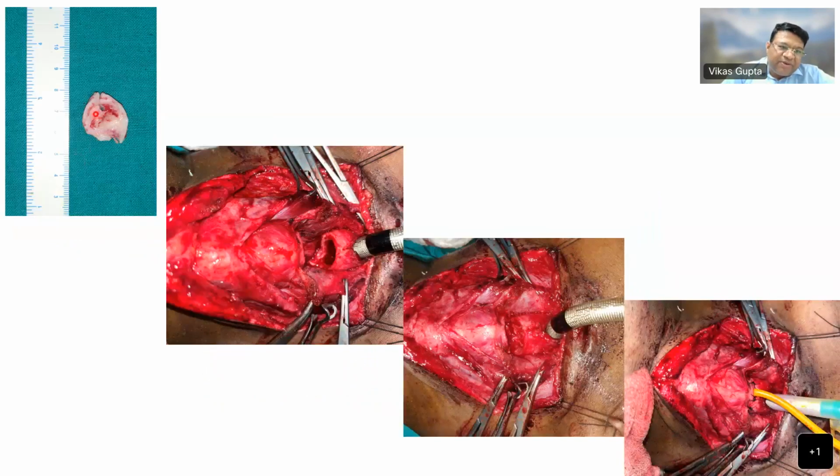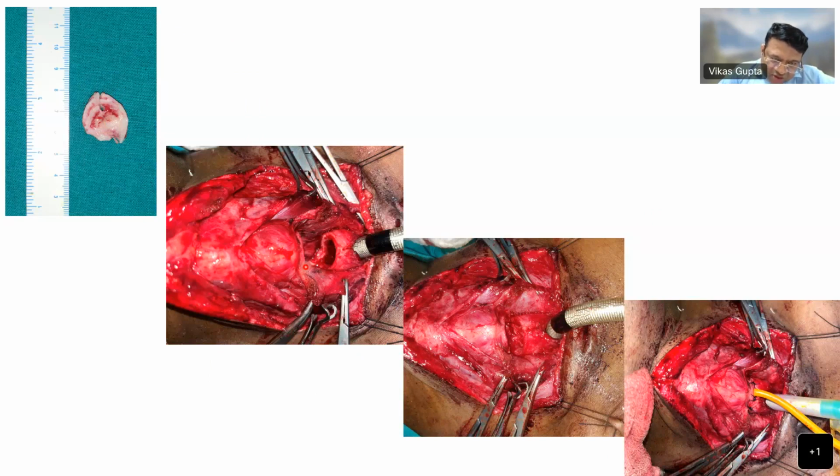These are the two tracheal rings which we removed. Now there is complete disjunction between the lower trachea and the upper trachea. What we are seeing behind is the esophageal wall.